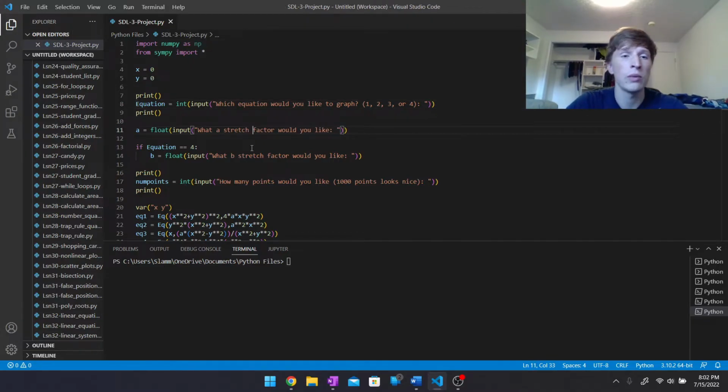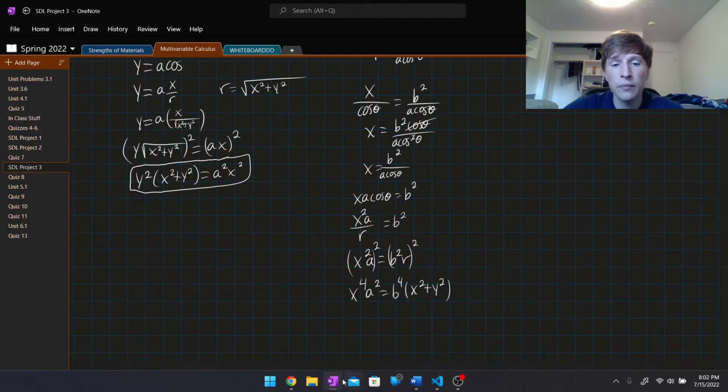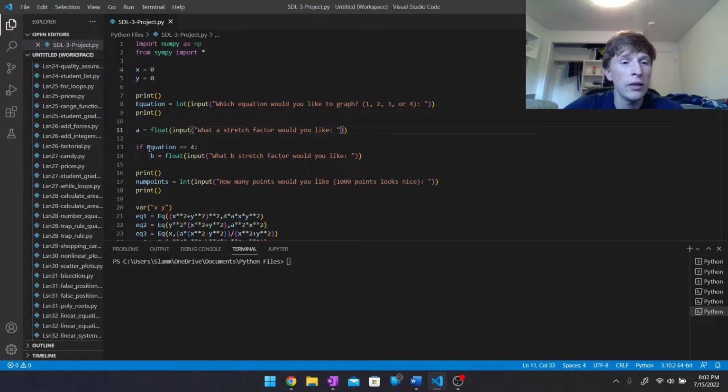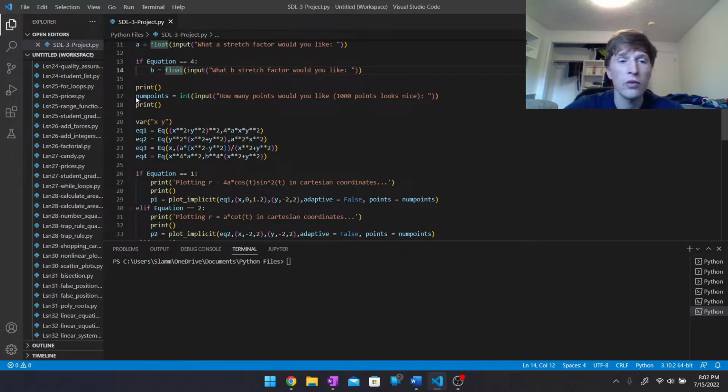I don't know if that's the correct notation, but whatever. Since equation 4, which is the one I showed, has a b in it, if equation 4 is called, it would ask for an additional stretch factor. And then I asked for the number of points, which is exactly what it sounds like, number of points to plot.